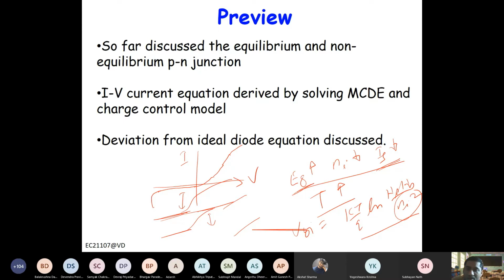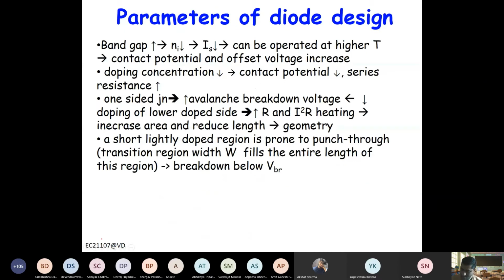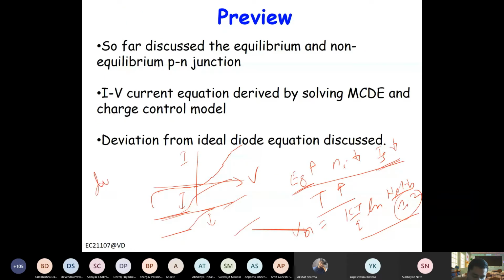What is the effect of doping concentration? Let's say if you decrease the doping concentration, what will happen? Your built-in potential will decrease, right?